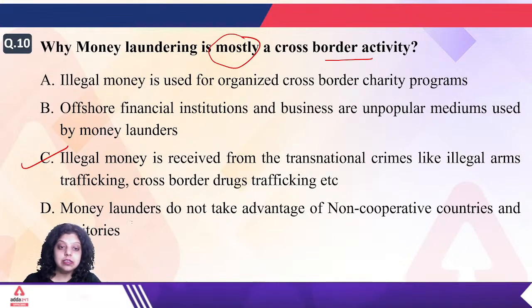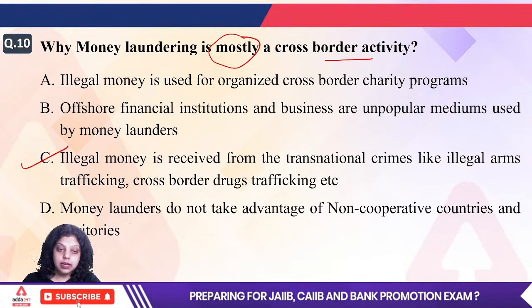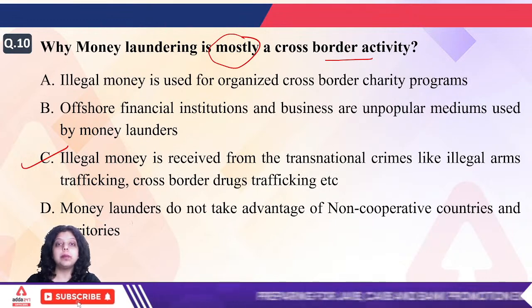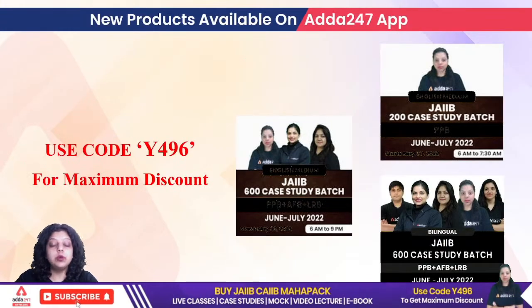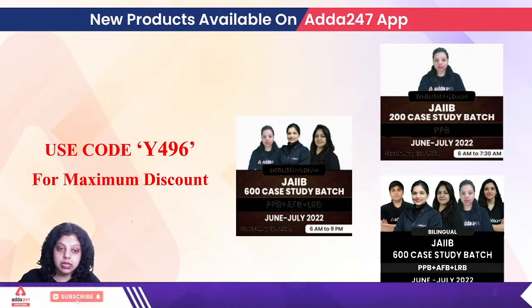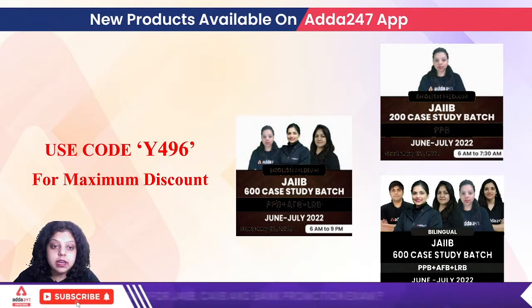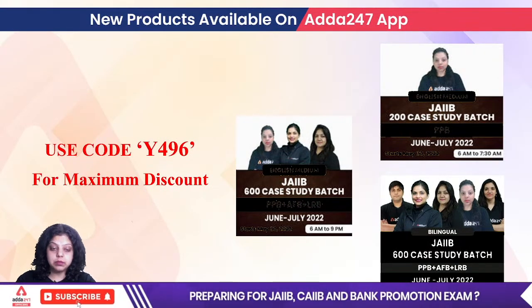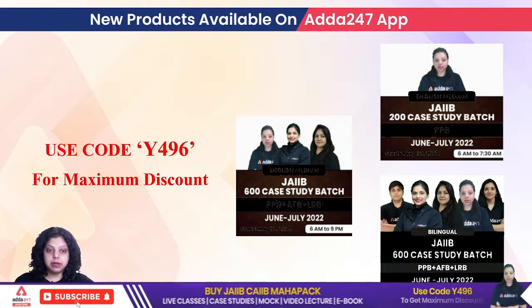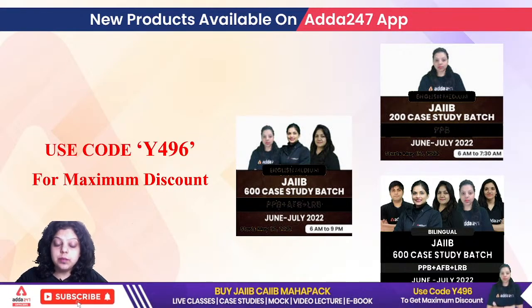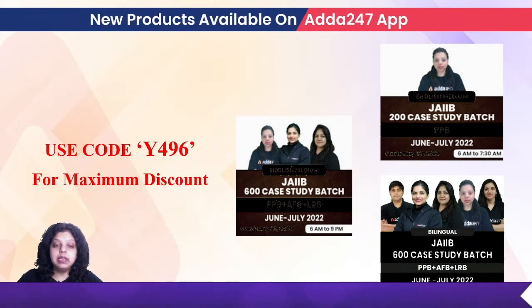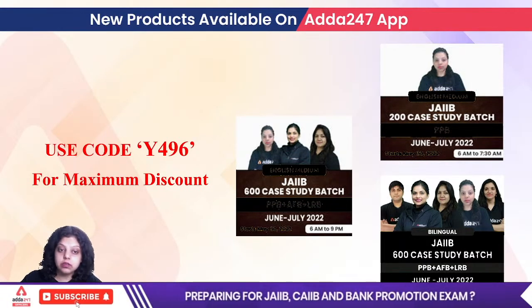Now there are 3 stages of money laundering also: placement, layering and integration. Placement simply means entering the black money or illegal money into the Indian financial system, by depositing that money in different financial sectors.